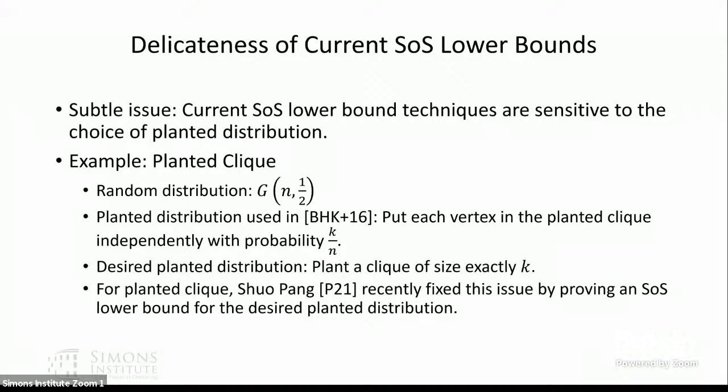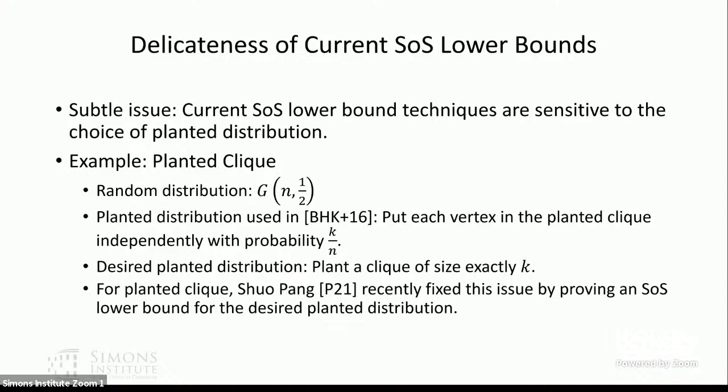The plant distribution we used in DHK+ for the almost sum of squares lower bounds for planted clique is to put each vertex in the planted clique independently with probability k/n.